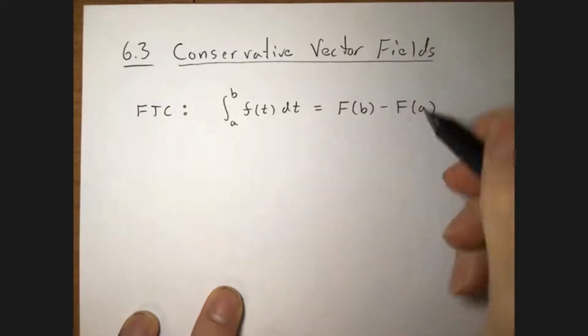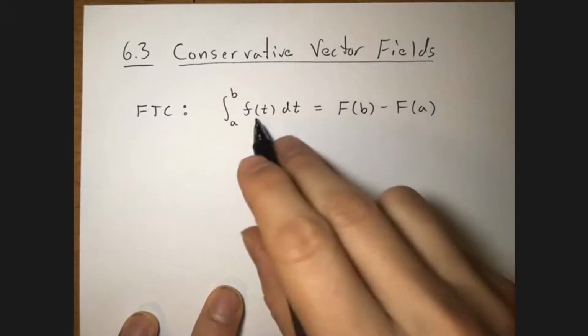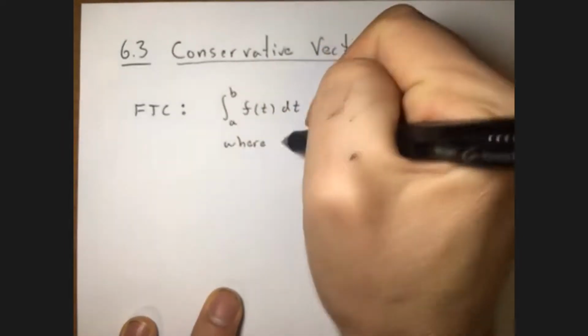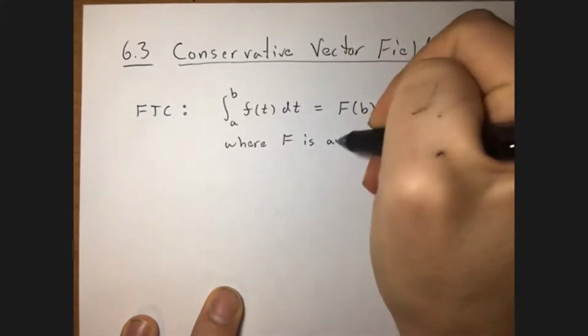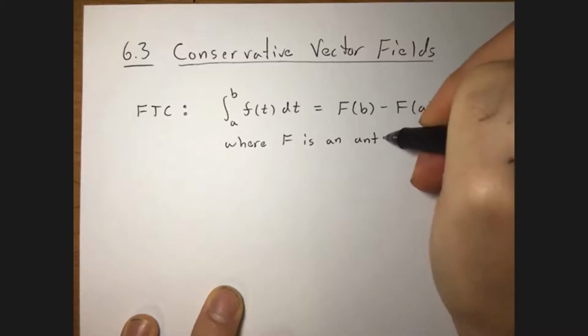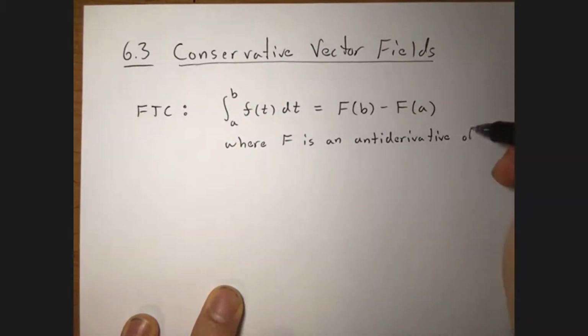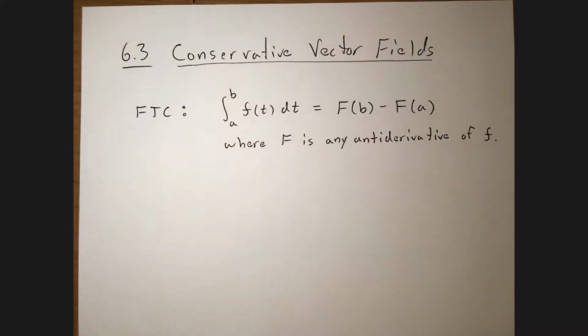Right? And what is this capital F? Where capital F is an antiderivative of little f. I shouldn't say the antiderivative, it's an antiderivative. You can use any antiderivative. So any antiderivative of f. And that's amazing.